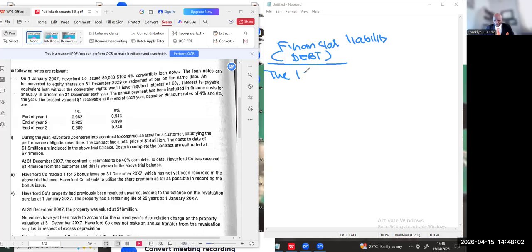The issuer has a contractual obligation to deliver cash to the holder.